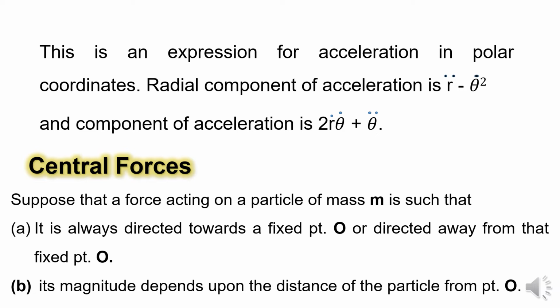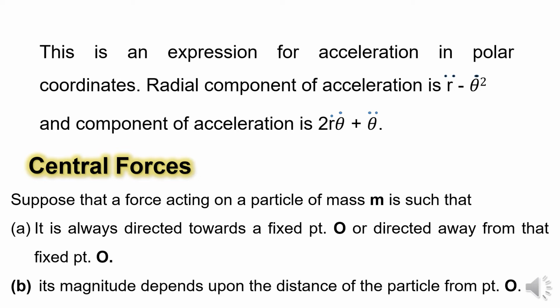Now moving to the next point, central forces. Suppose that a force acting on a particle of mass m is such that, number one, it is always directed towards a fixed point O or directed away from the fixed point O. We can say that it is a kind of centripetal force and centrifugal force respectively.